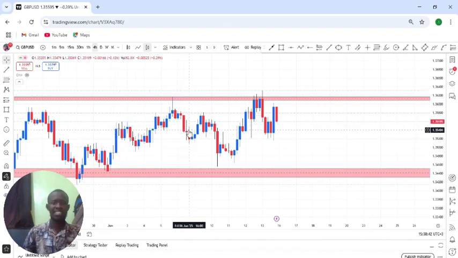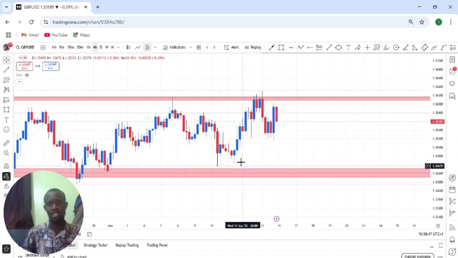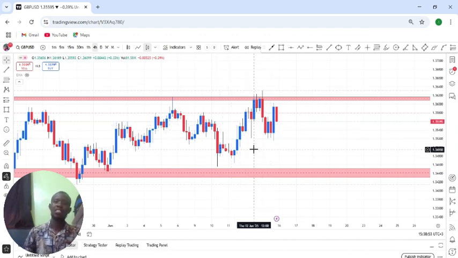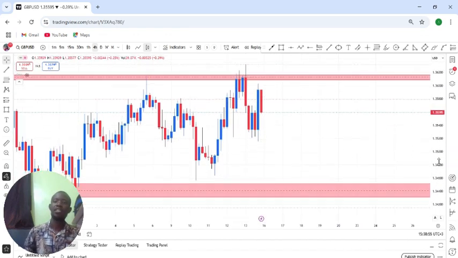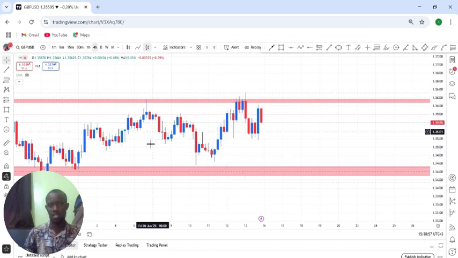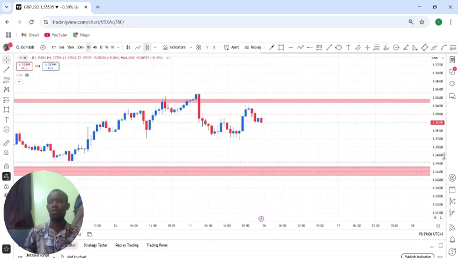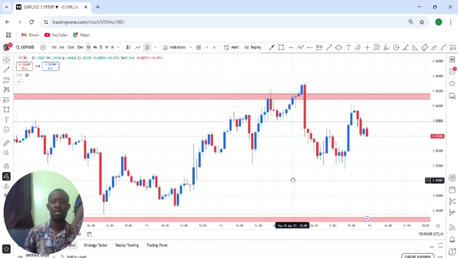The market tried to shift, but this shift was to come and still retest this zone to form a lower low, lower high, lower low, but it was broken. The market started uptrending again, so we focus on this move right here, and you can see the market is still in an uptrend. Let's go to a lower time frame to confirm what the market is doing.